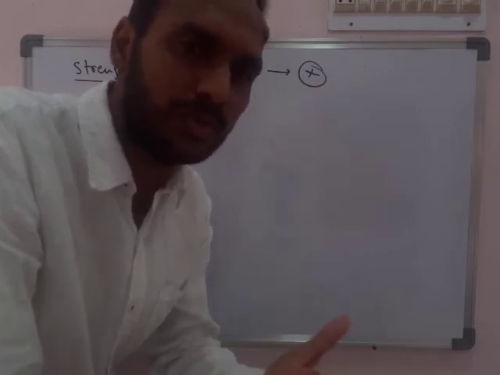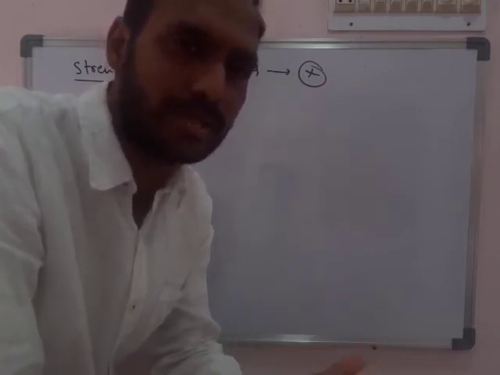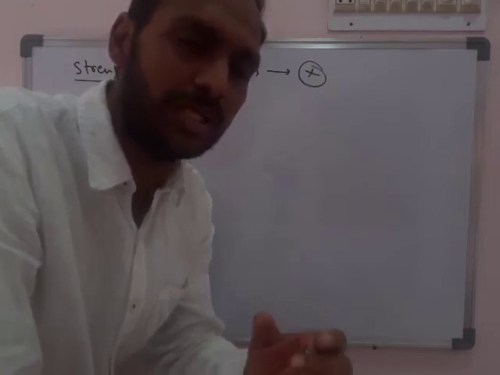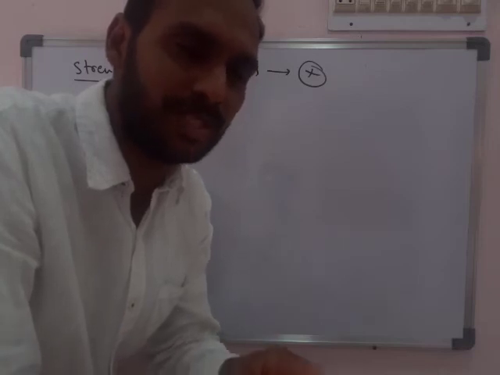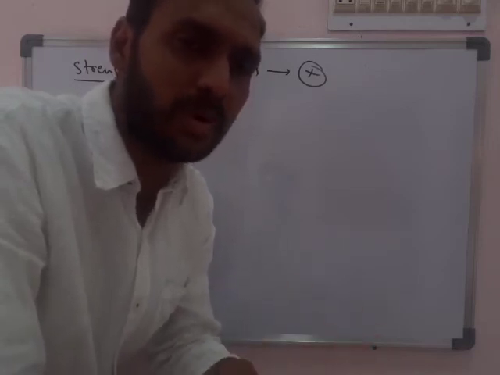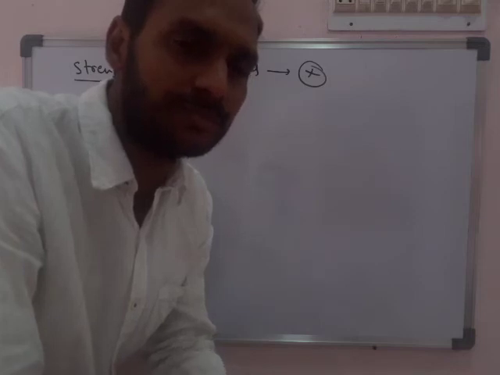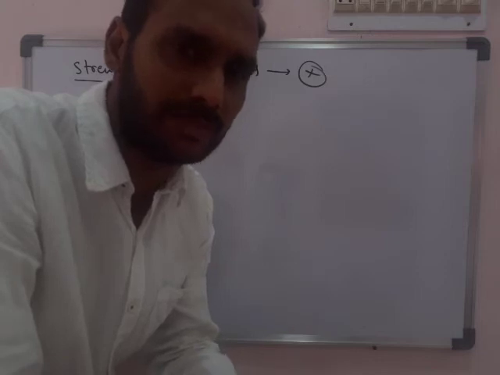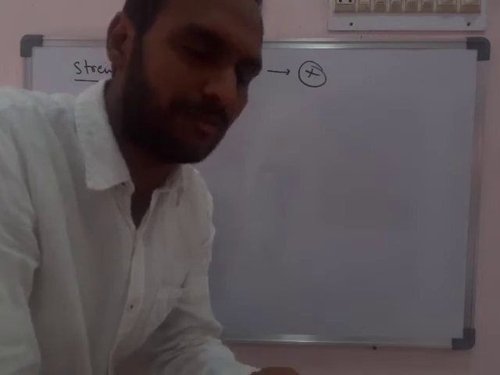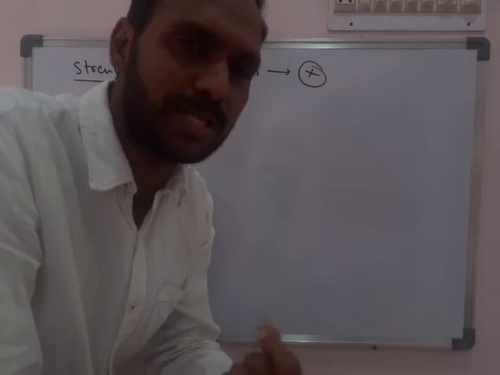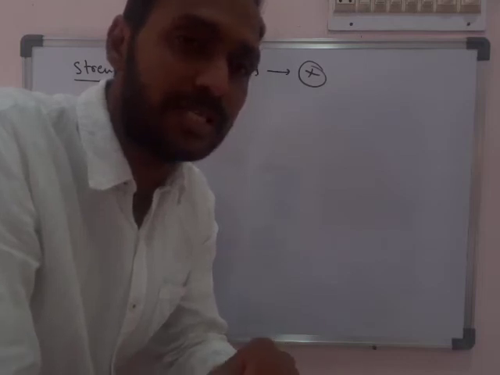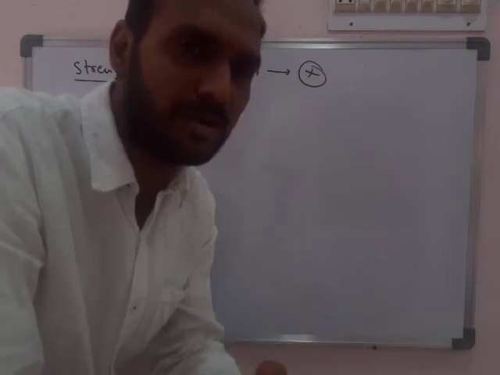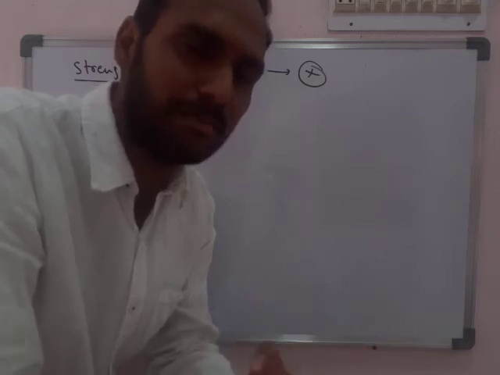With more dissociation, they work as strong acids and strong bases. If there is less dissociation, they are called weak acids and weak bases. That's the Arrhenius theory. Next, in the Bronsted-Lowry theory, if it is ready to release more H plus, it is a strong acid; if it is ready to accept more H plus, that is a strong base. If it releases less H plus, that is a weak acid. If it is ready to accept less H plus, that is a weak base.